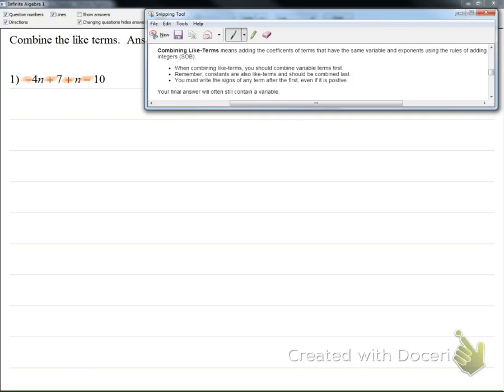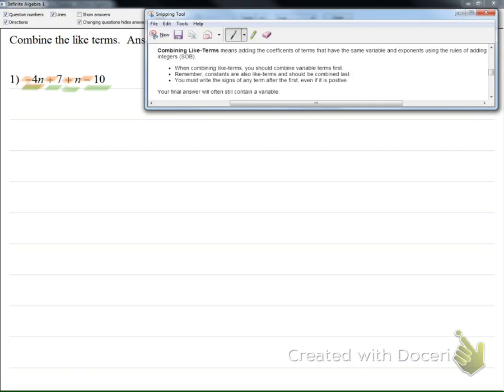Now, the first term in an expression may not have a sign in it. If you don't see a sign in front of a number, you know that it's positive. So let's count our terms. How many do we have altogether? Highlight here. 1, 2, 3, 4 terms.